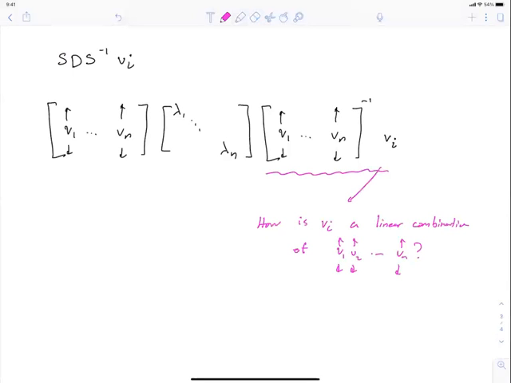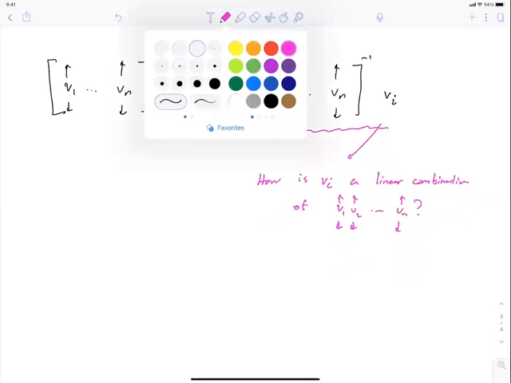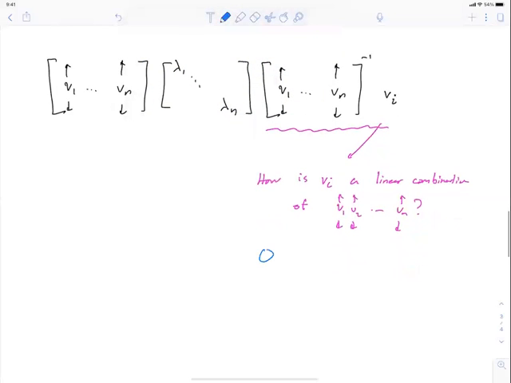And indeed, because v_i is one of those vectors, that answer is going to be 0 times most of the vectors plus 1 times whatever v_i is. And so this tells us that the matrix inverse times v_i is just going to be a whole bunch of zeros with a 1 wherever i is.